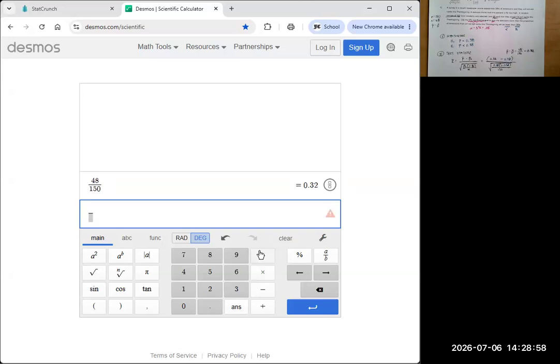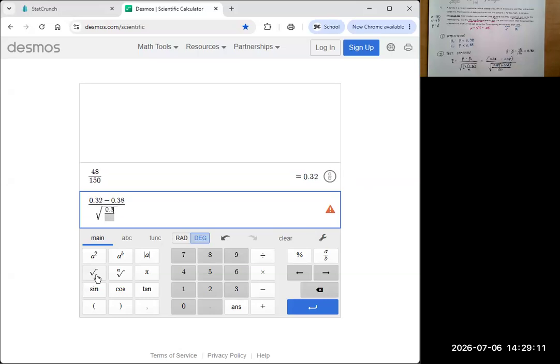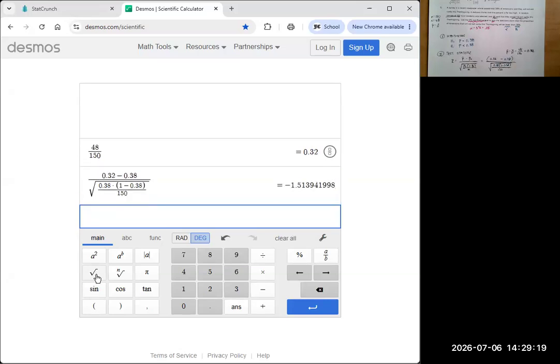We're going to need a fraction division in the numerator, 0.32 minus 0.38, p hat minus p sub 0. Now we have our big square root in the denominator, a fraction inside of there, division is going on there, 0.38 times 1 minus 0.38 all over 150. And there's our long test statistic, the z-score. And as we're kind of used to doing, let me copy that down real quick. When it comes to those z-scores, I'm going to stop sharing now.